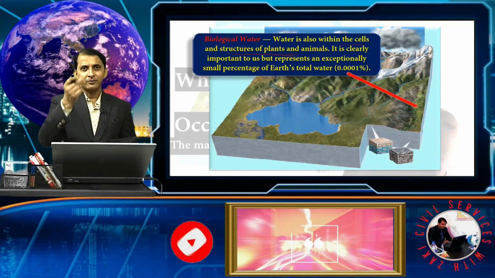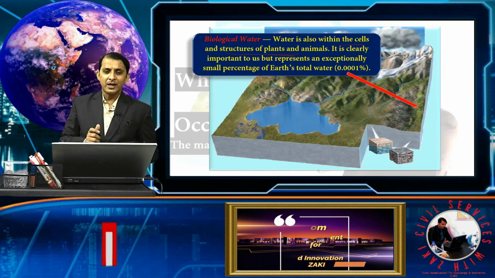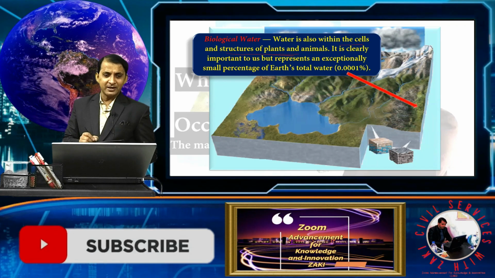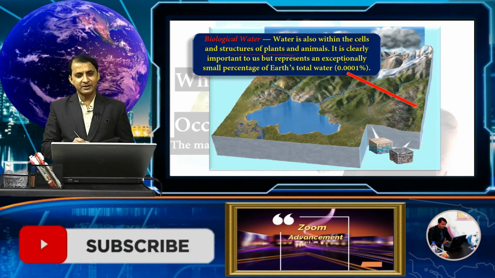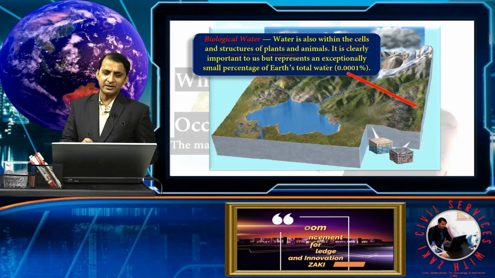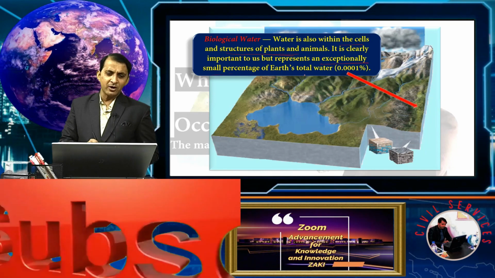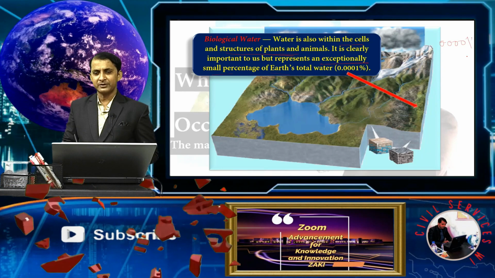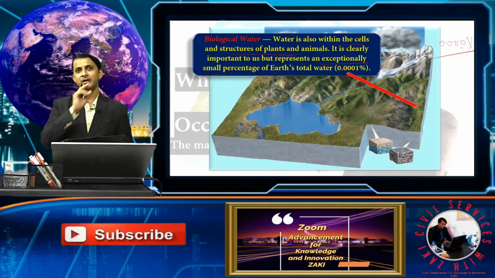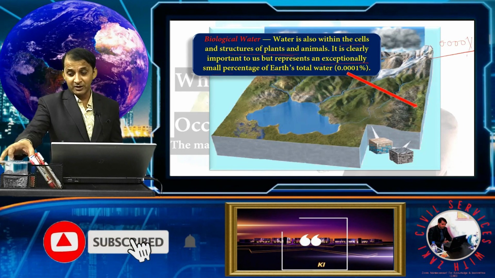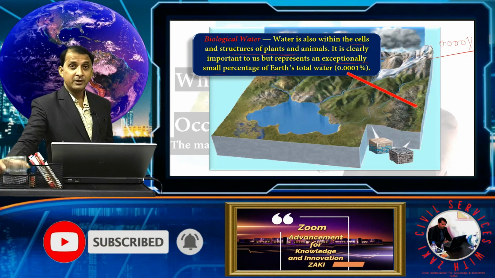Cytoplasm mostly contains water, in plants and animals also. It represents an exceptionally small percentage, 0.0001%, less than atmospheric water and soil water, but it is very significant, because this water is present in you and me.